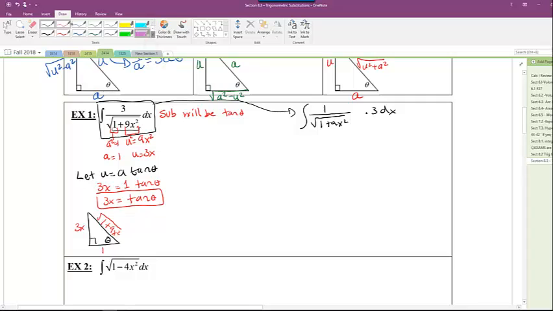Well, looking at my triangle, here's the square root of 1 plus 9x squared. So I want to know, what is the square root of 1 plus 9x squared equal to in terms of a trig function? When you're determining that and looking at your triangle, make sure that you're only using the side with the algebra that you need, and then the other side that includes the constant.